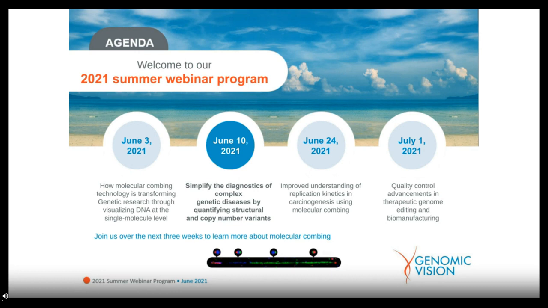Today, we are going to focus on the use of molecular combing and our GMC for understanding genomic rearrangement in specific genetic diseases.